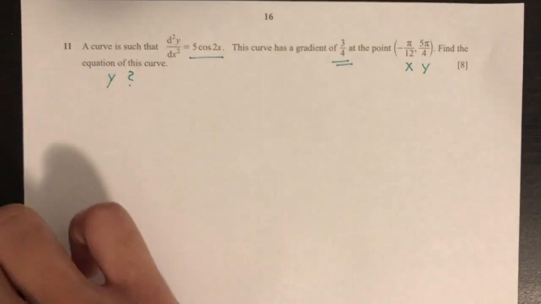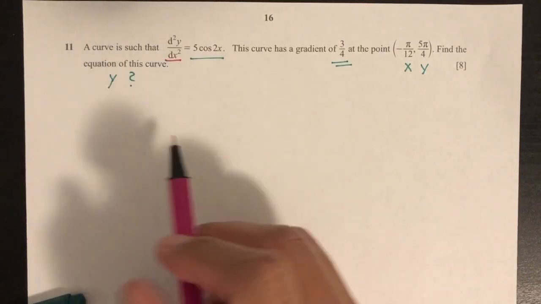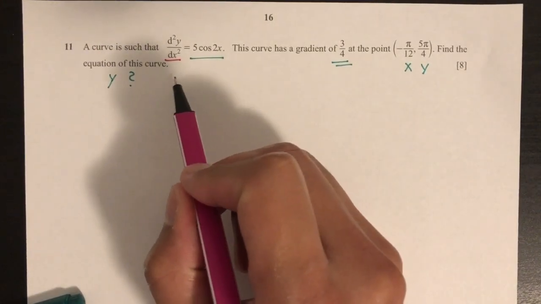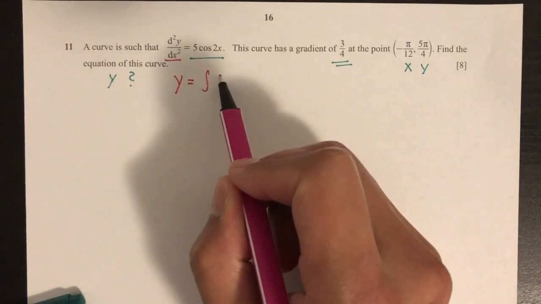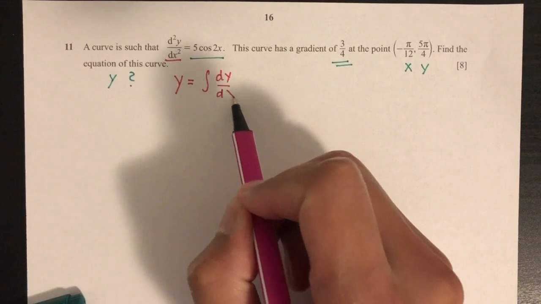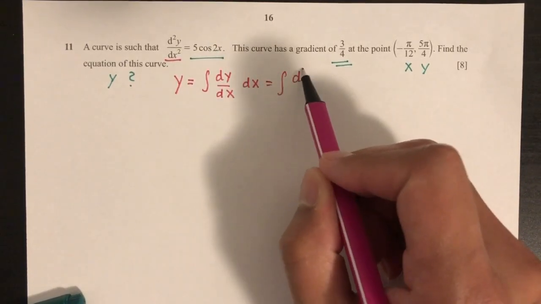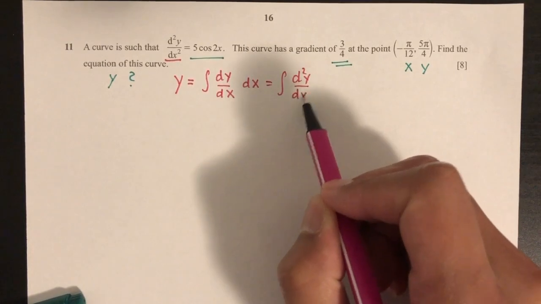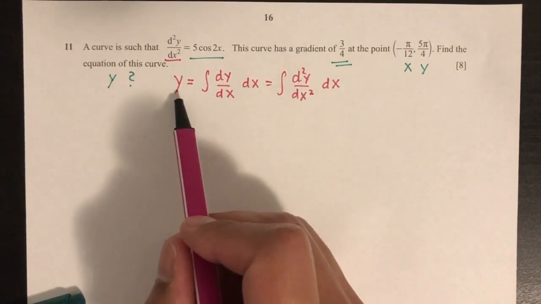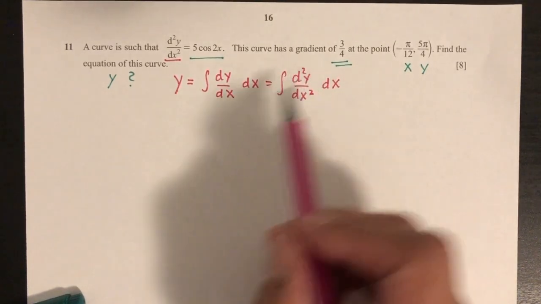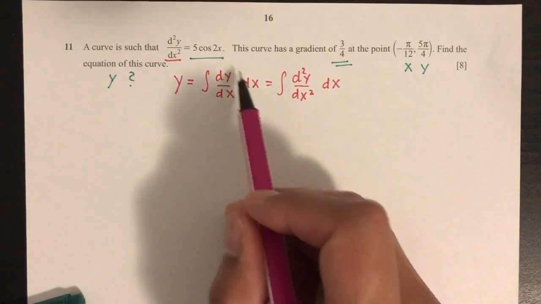So we have been given d2y by dx2 for this one. So we know that y is equal to the integration of dy by dx, and dy by dx is the integration of d2y by dx2. So for us to find y, we first have to integrate this one to find dy by dx, and then integrate dy by dx to find y.